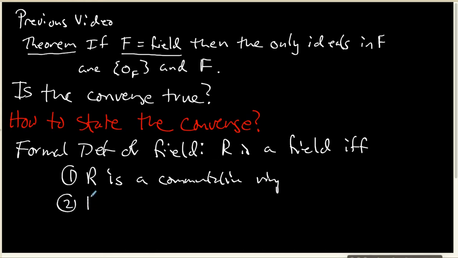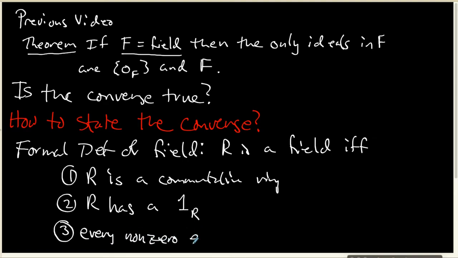Second of all, R has to have a 1, R has a multiplicative identity. And the third property is that every non-zero element has to have a multiplicative inverse.